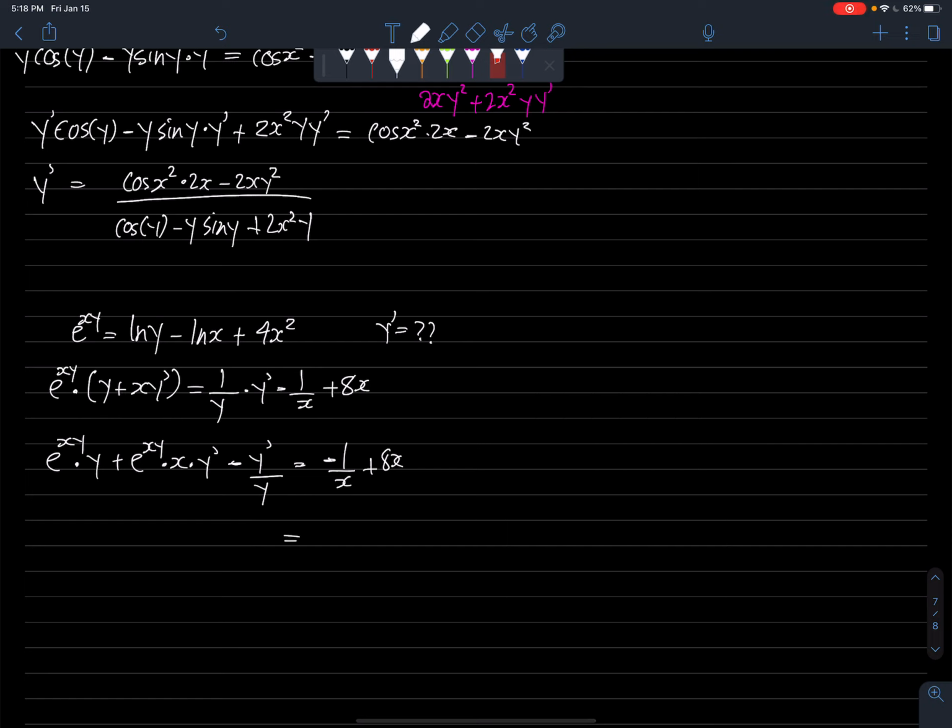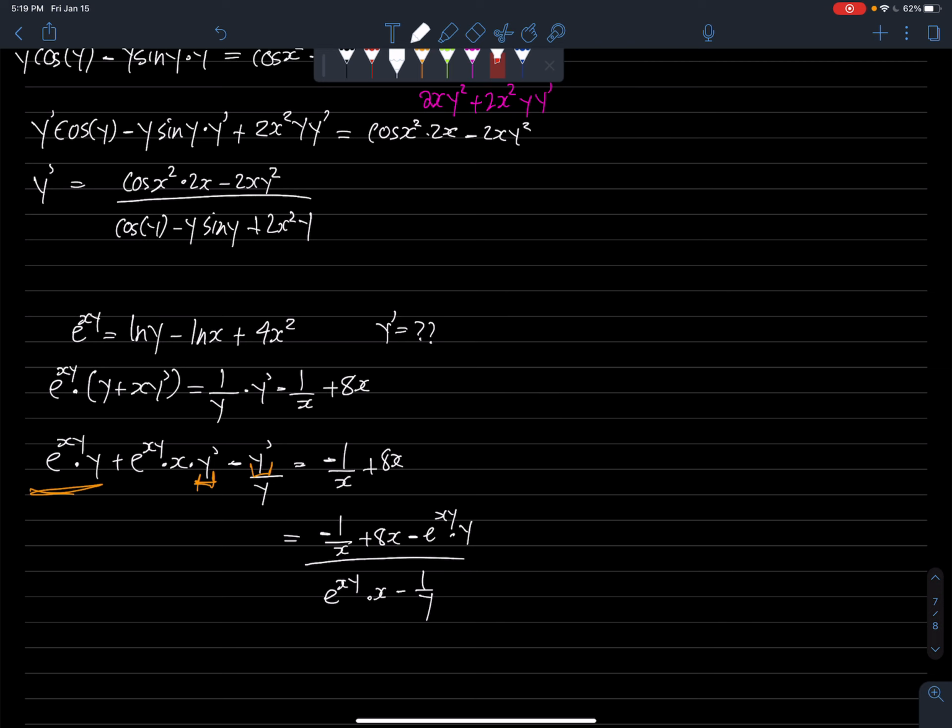Okay, so that would just give you negative 1 over x plus 8x minus e to the xy times y over e to the xy times x minus 1 over y. So I just factored this out and this out, right? And I just divided. I moved this over first, though.